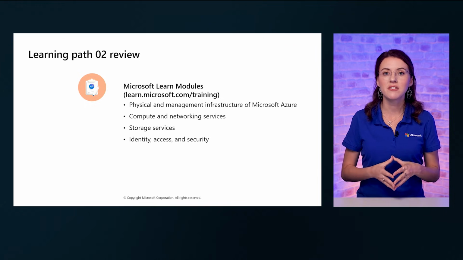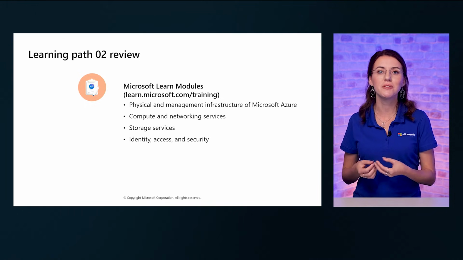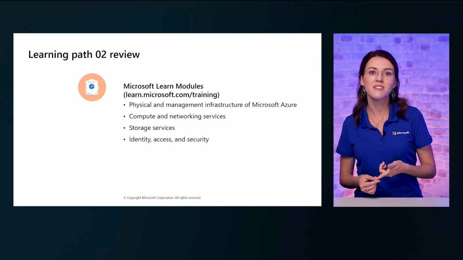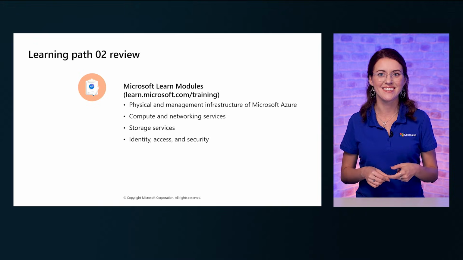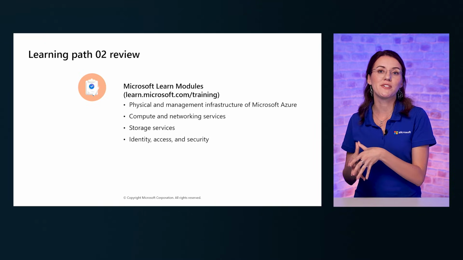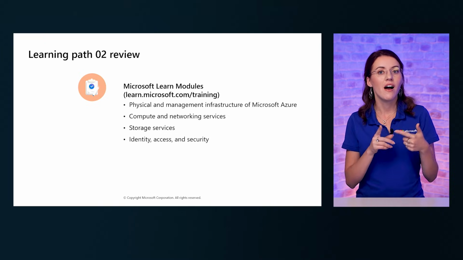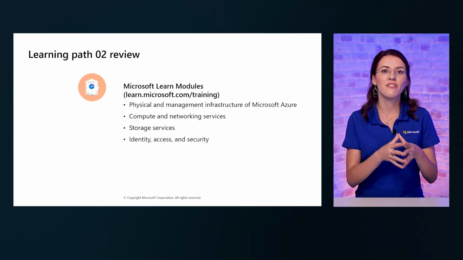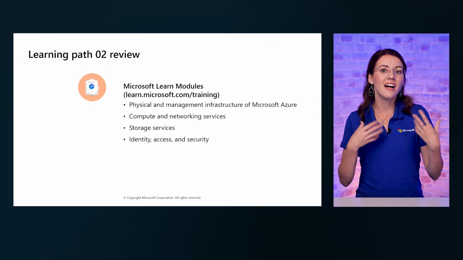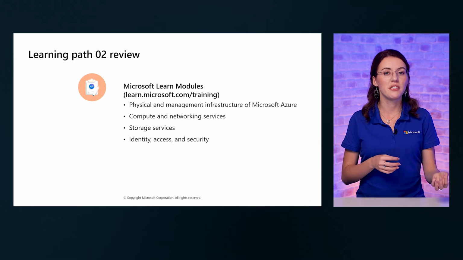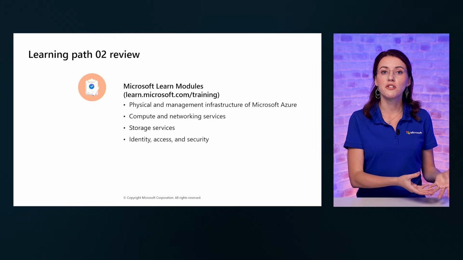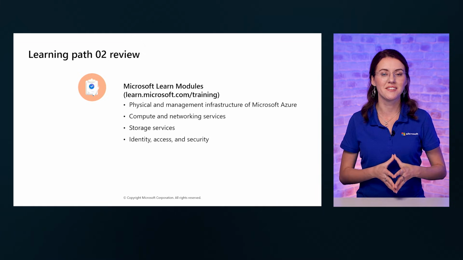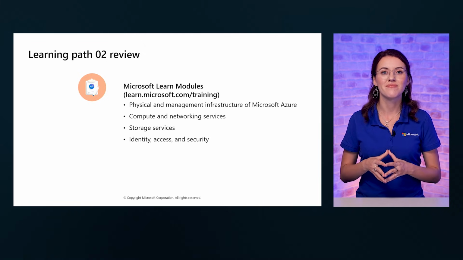We looked at how subscriptions and resource groups help your organization to organize resources, manage costs, and maintain governance. Then we moved into compute options, virtual machines, app services, and containers, and discussed how each fits different workloads. We also examined networking fundamentals, including virtual networks, subnets, and how services communicate securely across Azure.